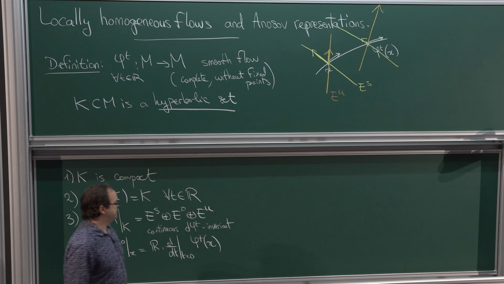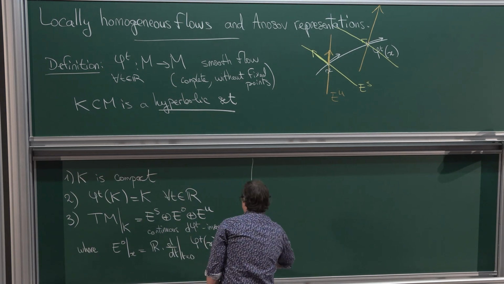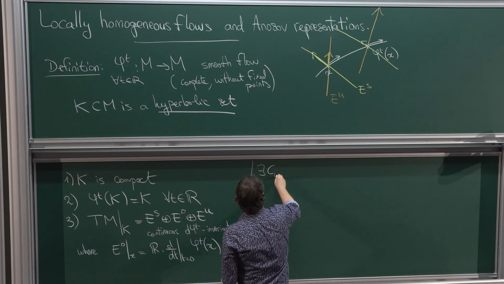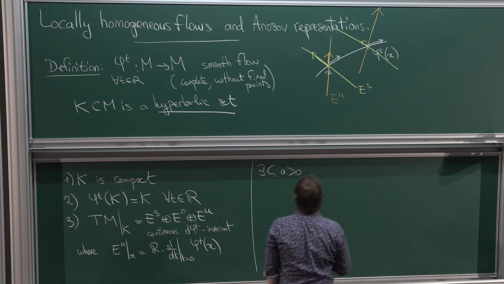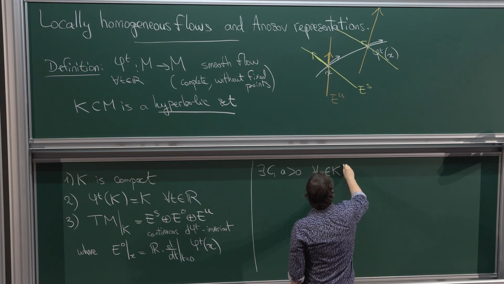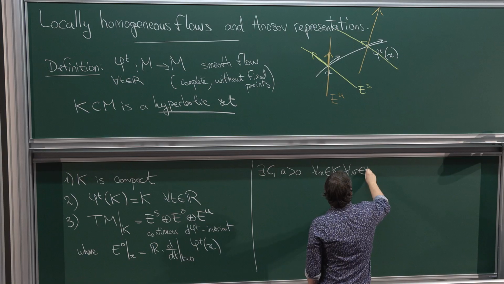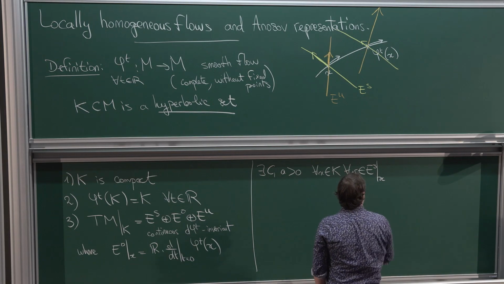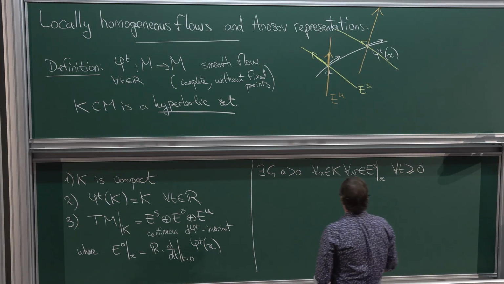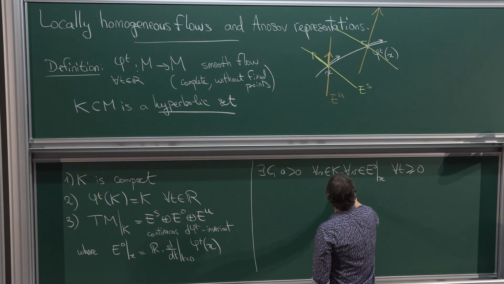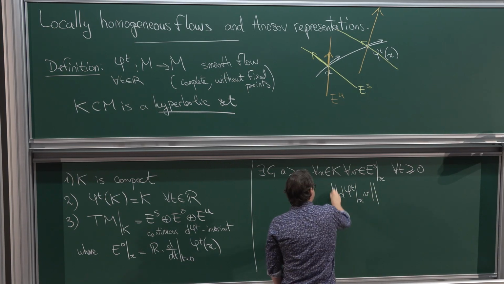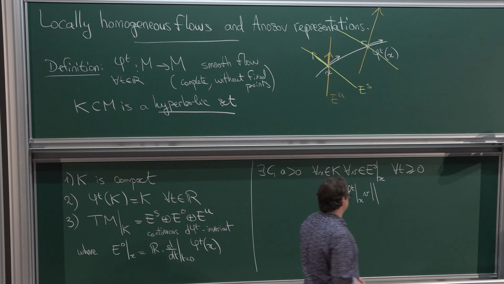And then ES will be contracted and EU will be dilated, meaning that there are some constants, let's call them C and A, such that for any point x in K, any vector V in ES over the point x, and any non-negative time t, if you look at what happens to the vector V after some time t, it will get very short.